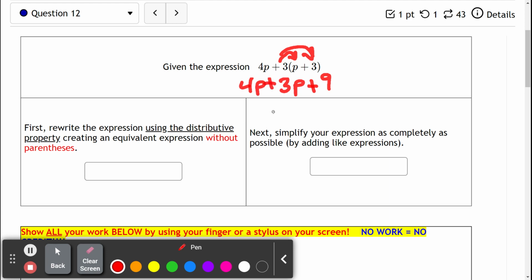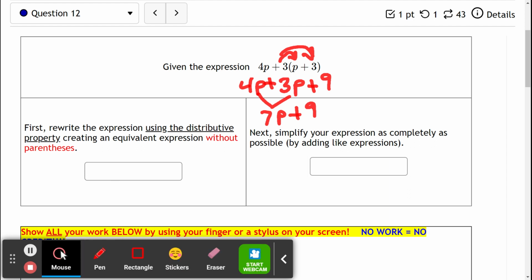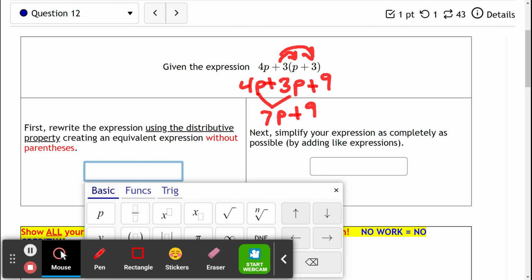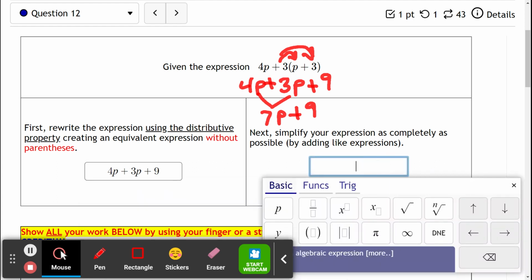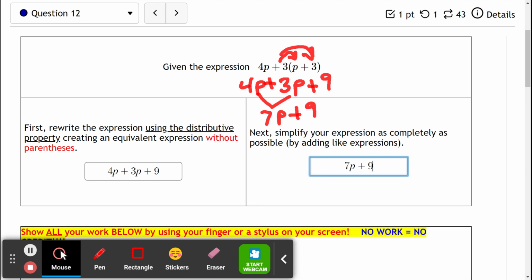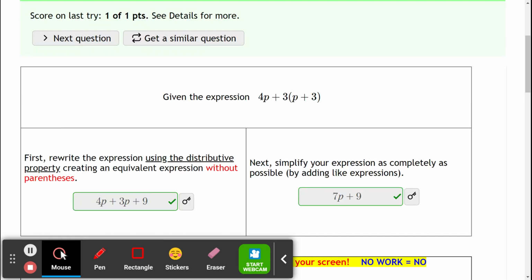Then we combine what's called our like terms. 4p plus 3p is 7p plus 9. And so now we can put in what we want. For this, we have 4p plus 3p plus 9. And then over here, I have 7p plus 9. And there you go.